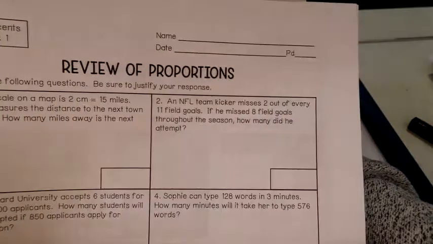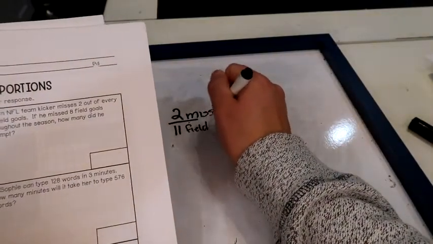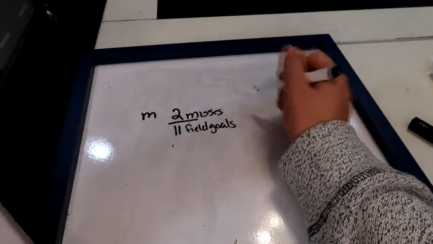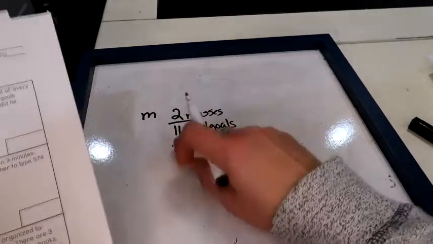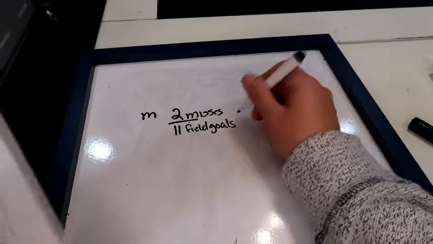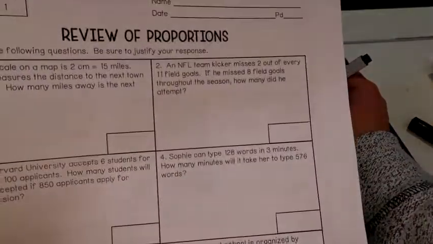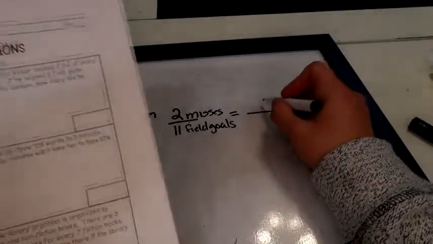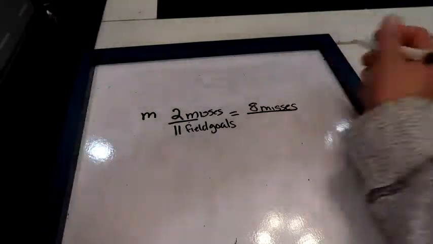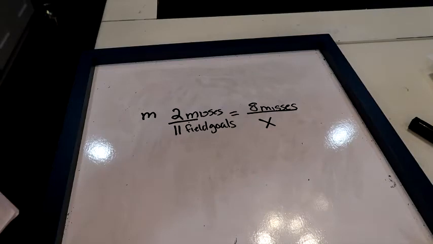And then we have 11 field goals, and that is our total. So for every time he kicks 11 field goals, he's going to miss 2. Make our equal sign. And then it says if he misses 8, how many field goals did he attempt?